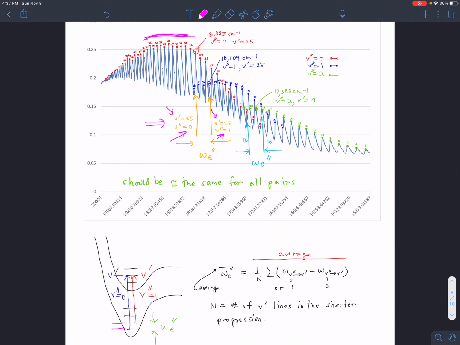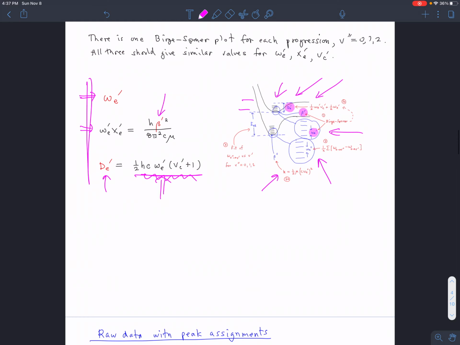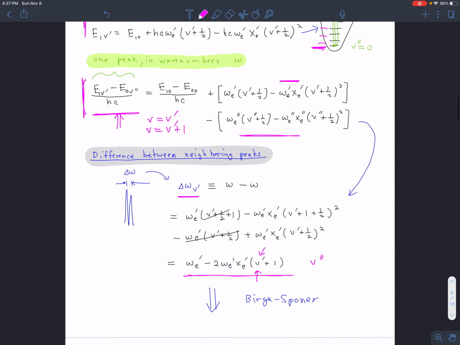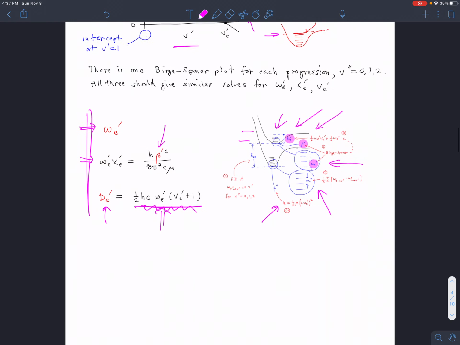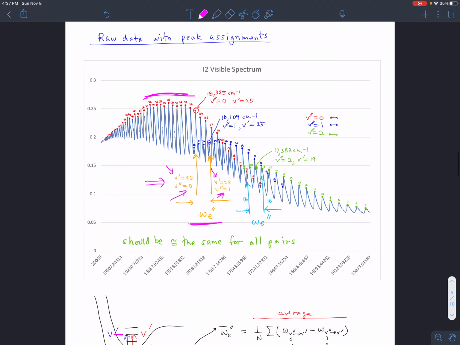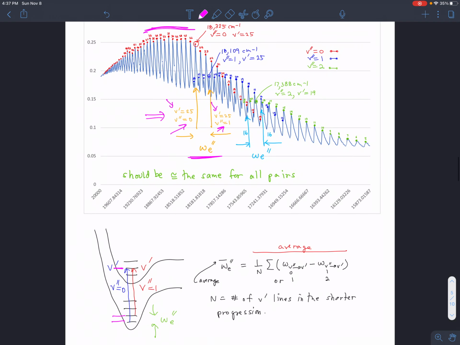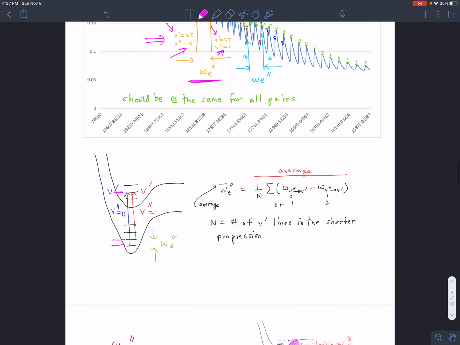Every one of those differences should be equal to, so in the ground state we're going to ignore all the terms that account for the fact that it's not a perfectly harmonic well, because in the ground state it is much closer to a perfectly harmonic well, and we're only looking at the first 3 levels anyway, so the corrections aren't needed.